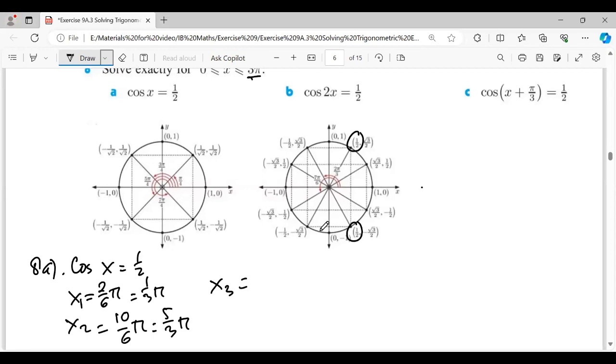X3, we have to find x3 because the interval is until 3 pi. So it means 1/3 pi plus, not pi but 2 pi. Because 3 times 2 plus 1 is 7.